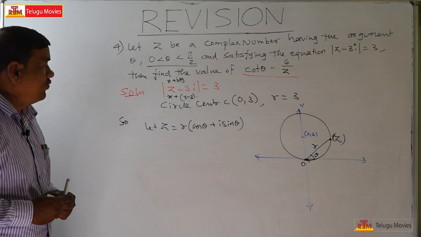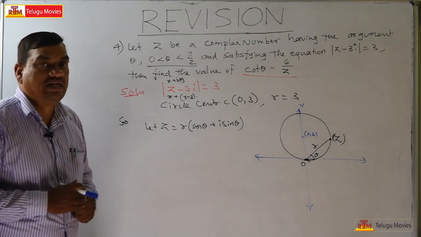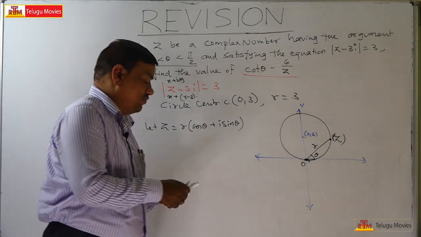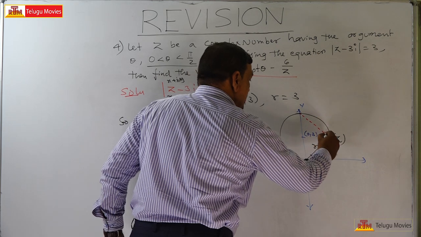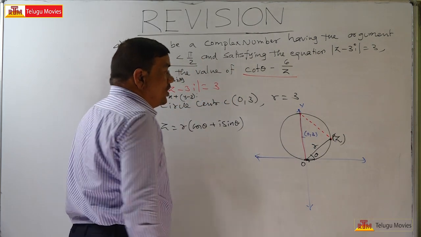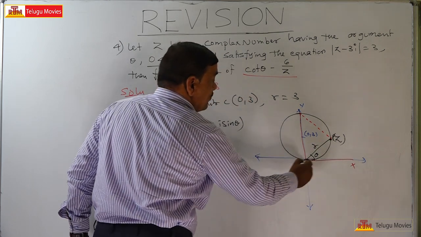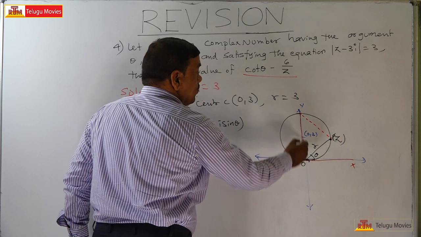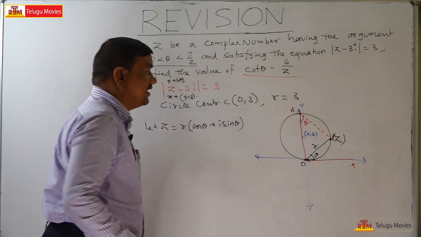Now we have to find out cot theta minus 6 by z. For that we will do a construction. Let us join this. Now this angle ZOX is the same as angle OAZ, theta.